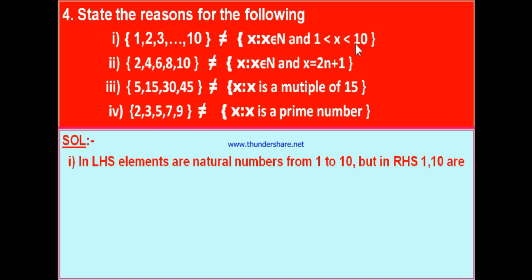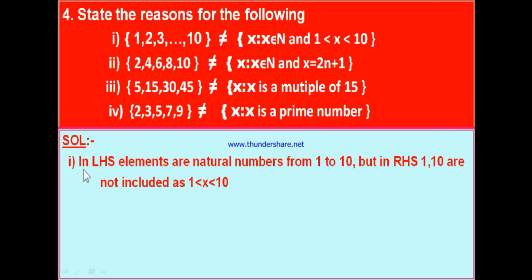With respect to RHS, x is equal to 2, 3, 4, 5 up to 9 only. So the elements are different from LHS to RHS. That's why they are not equal.